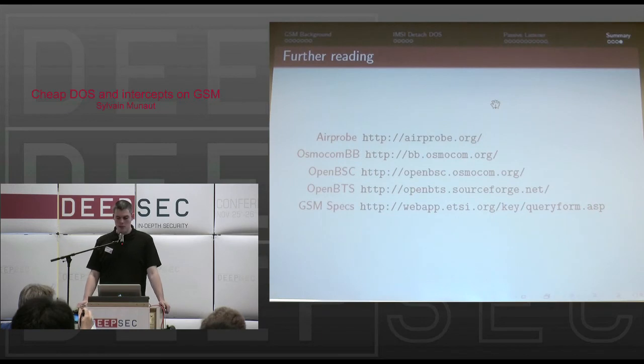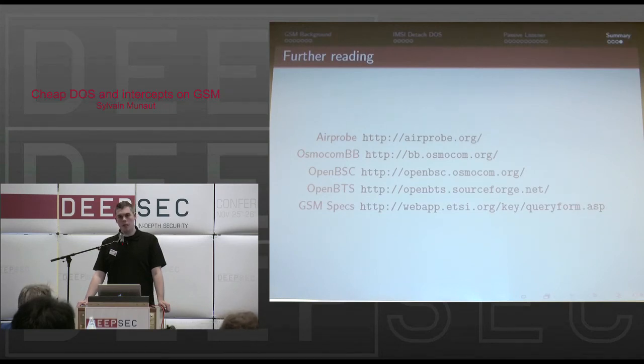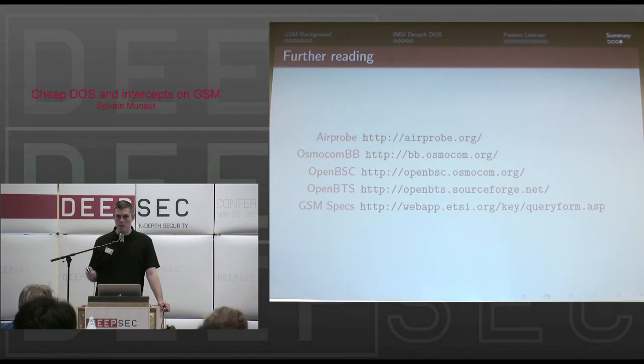Here is some reference that you can read. Basically, the airprobe project, if you want to use the USRP to listen to traffic, and Osmocom-BB for the software that runs on this phone. Also note that the sniffer code is in the Git now. It might not be the latest version, but I will push the latest version soon.